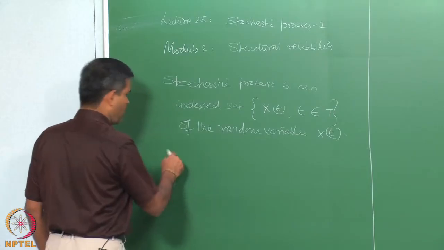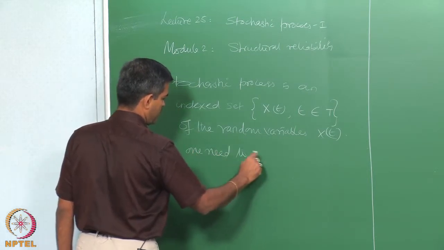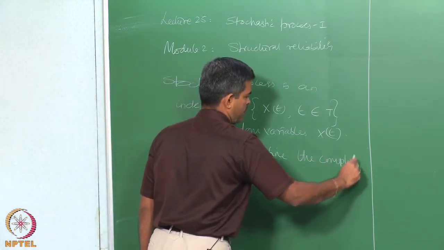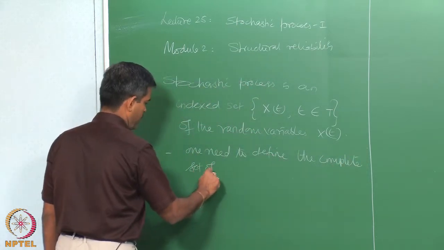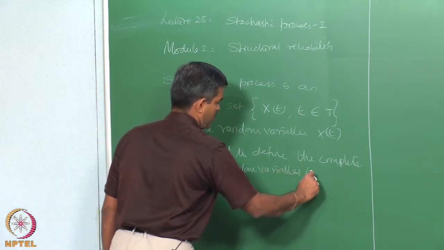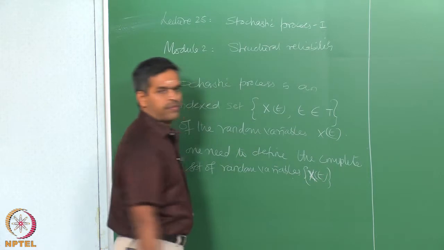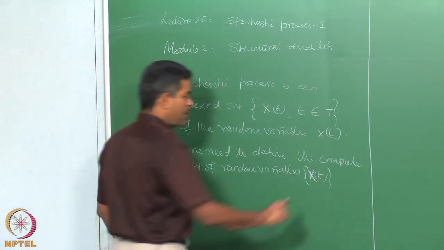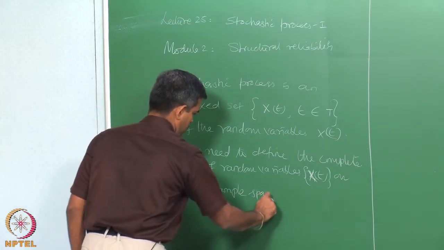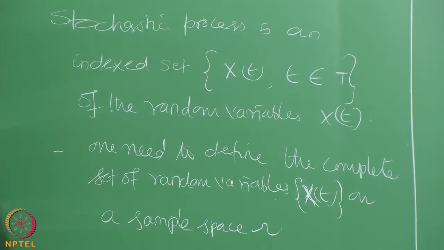Now, one needs to define the complete set of random variables X of t on a sample space. So, there are two different kinds of variables which are involved in this process.